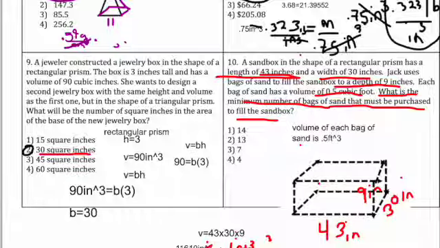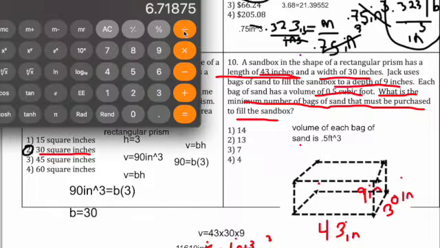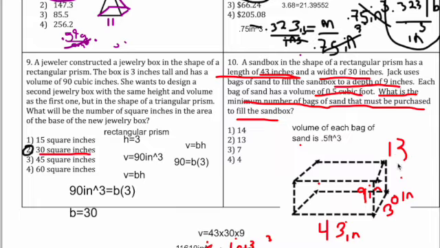So we are going to divide this number by 0.5. So we have the numbers already there, divided by 0.5, and it's going to be 13.4, which is going to make us have to get 14 bags.